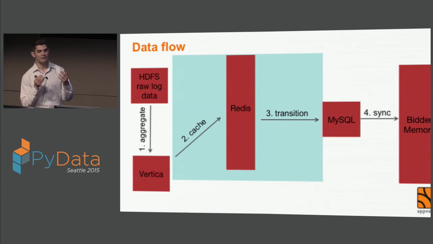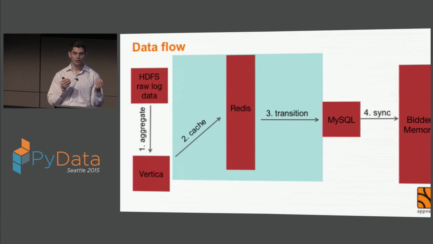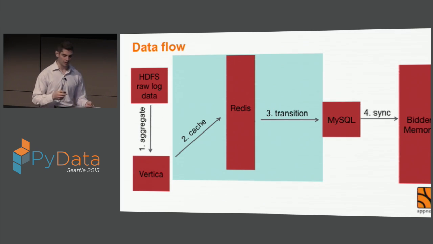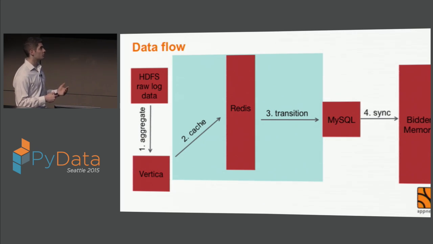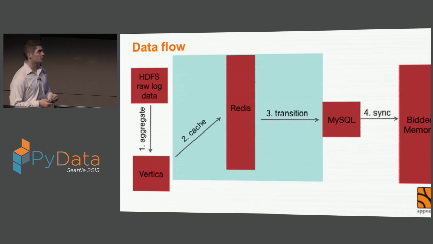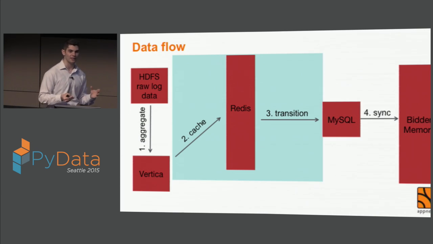So we have lots of helper modules that pull out the data, parse it, and put it into formats that are more useful for the final stage of this process, which is the transitioning of offers from eligible to testing to passed or failed. From there, we store the results into MySQL and sync it over to bidder memory. Now the bidder knows what should be testing, what are the good offers, what are the bad offers, which ads it should be serving.